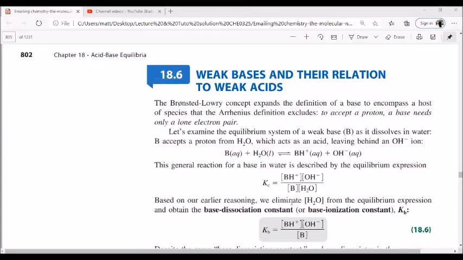Based on our earlier reasoning, H2O we eliminate from the equation, since the concentration change is negligible. Therefore, Kb equals the concentration of BH plus times the concentration of hydroxide ion divided by the concentration of B.